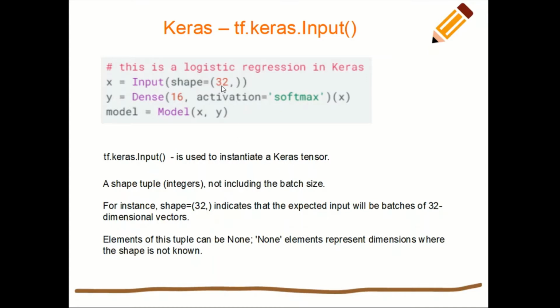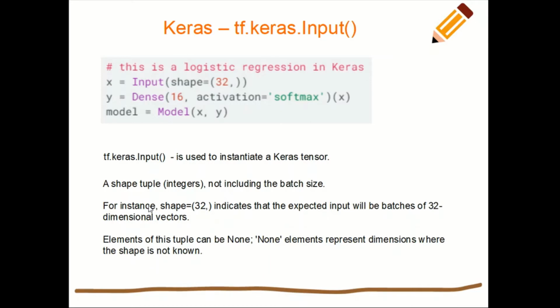Whatever we define here excludes the batches. So for example, if you have 32 features for a machine learning problem, we can define a vector of 32 features, and then feed in multiple samples of that type of data.